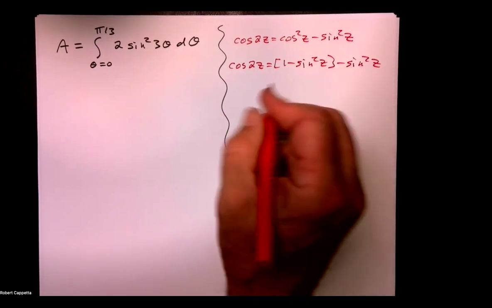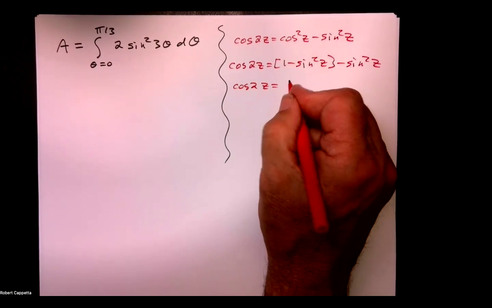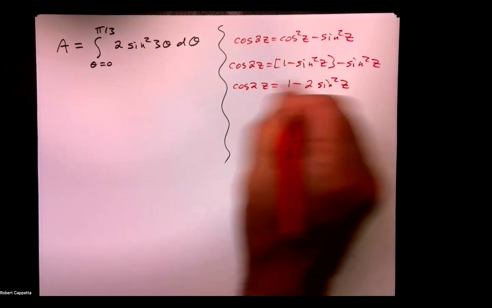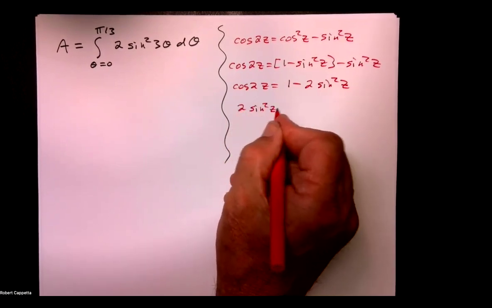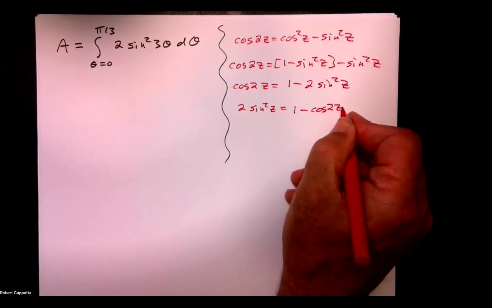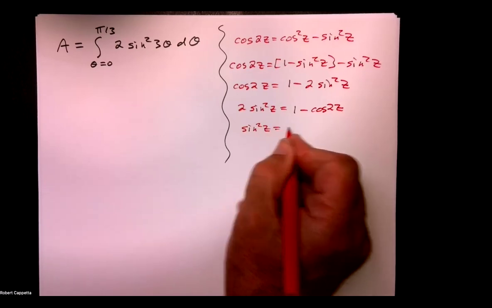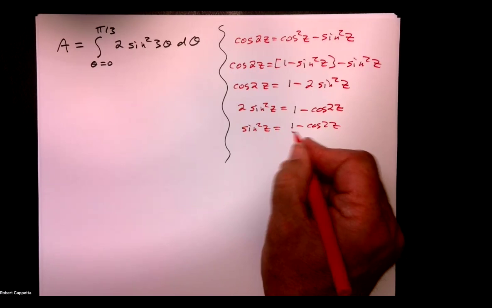Continuing, cos 2z equals 1 minus 2 sine squared z. Bring the 2 sine squared z to the left. 2 sine squared z is 1 minus cos 2z. And then divide both sides by 2. Sine squared z is (1 minus cos 2z) over 2.